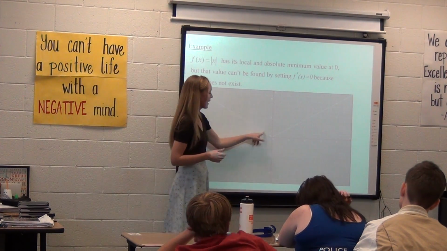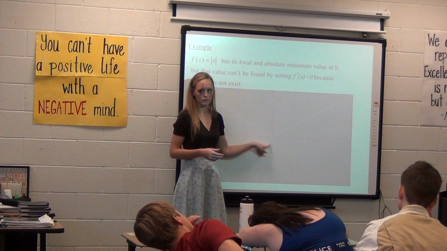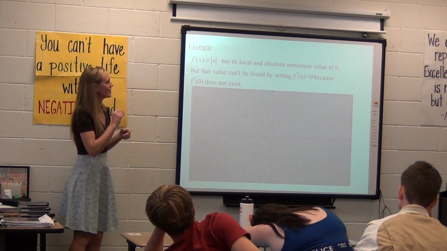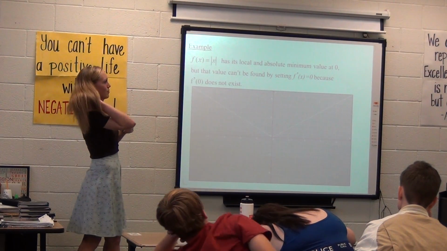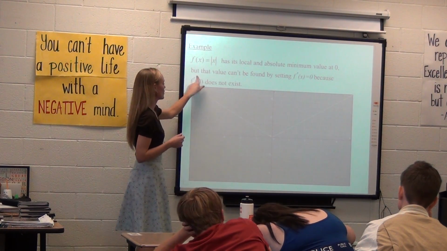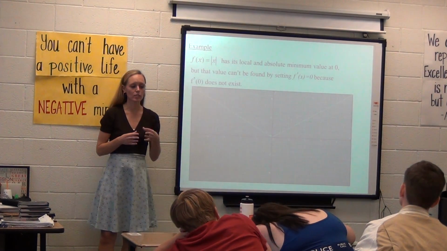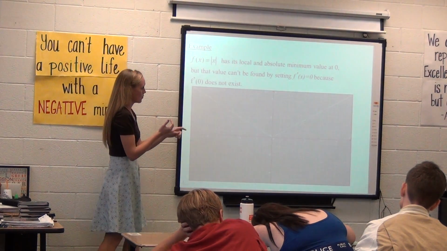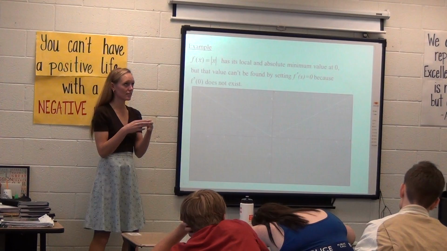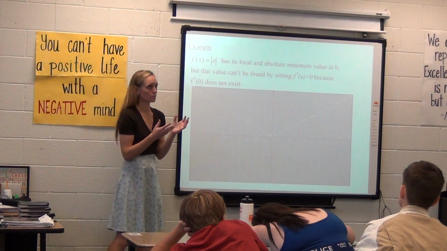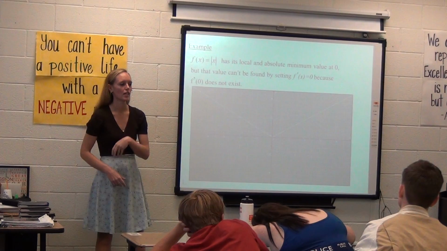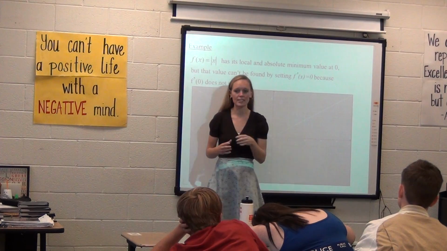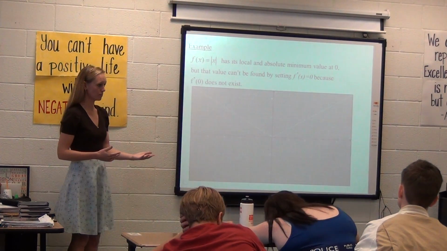So the derivative doesn't exist at 0, but we know that we have a minimum value there. So the derivative being equal to 0 is not the only way to find a local max or min.